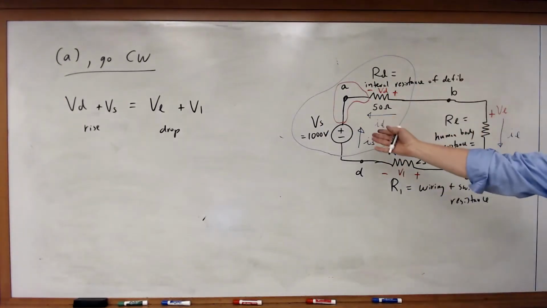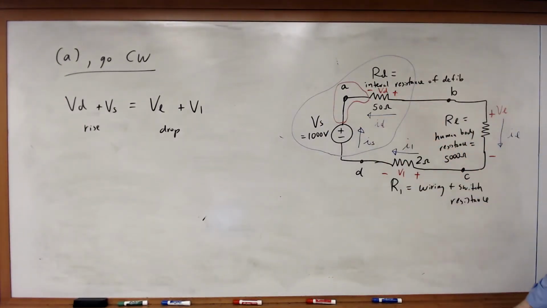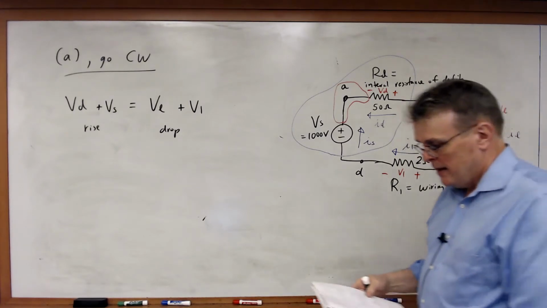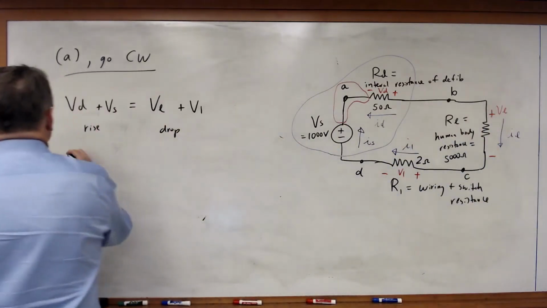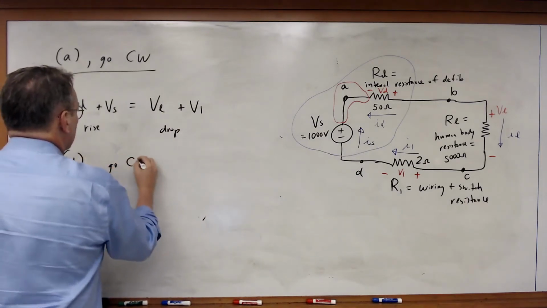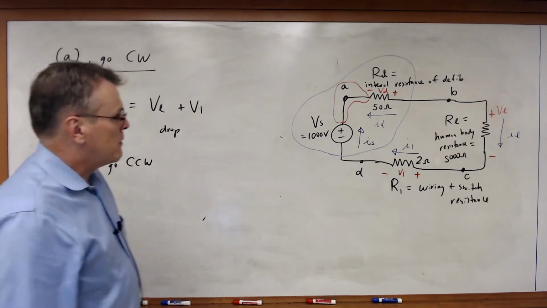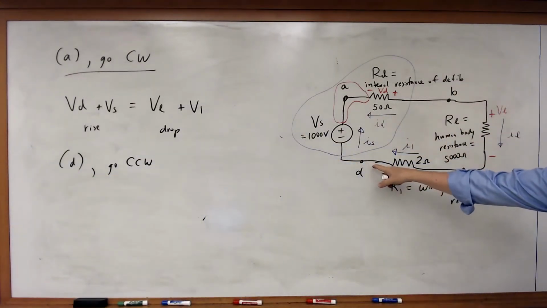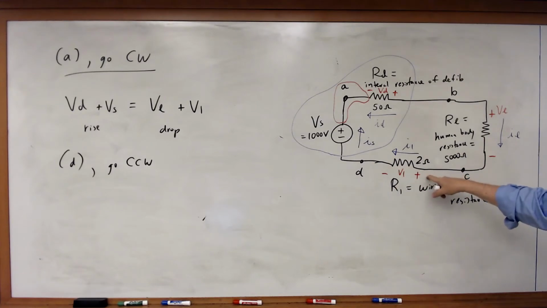Now, here I started at A and I went clockwise. You say, okay, Dr. Holman, what if I started someplace else? Okay. In this case, let's start at node D and go counterclockwise. If I start at node D and go counterclockwise, then in this case, V1 is a rise.